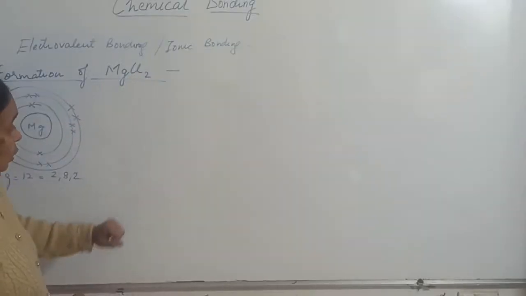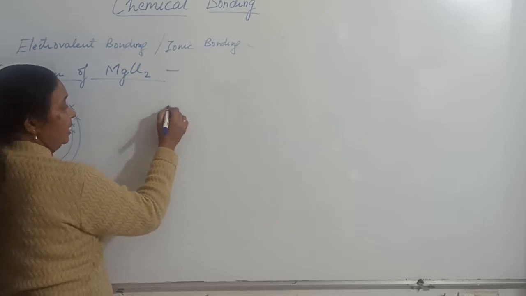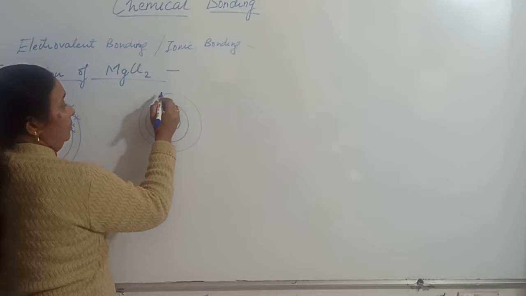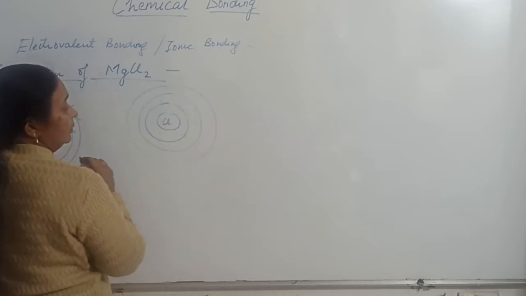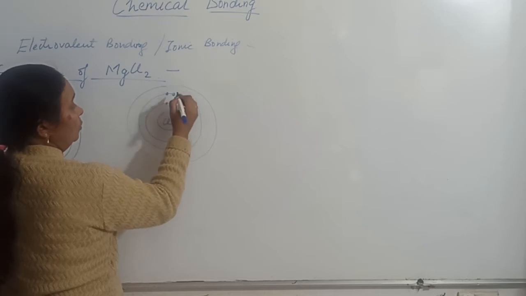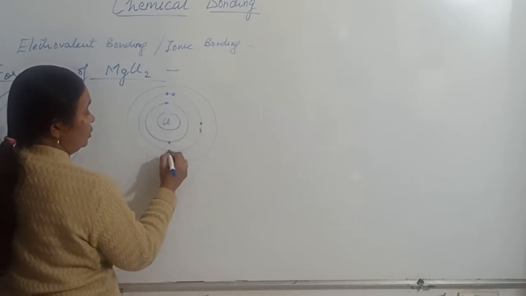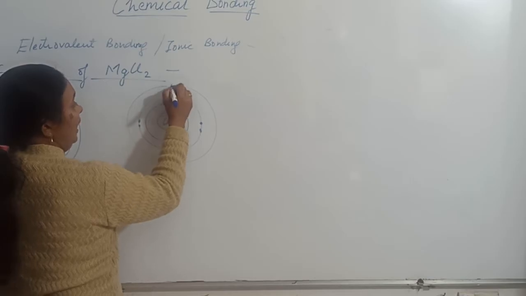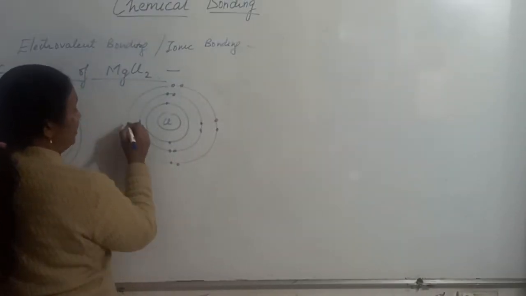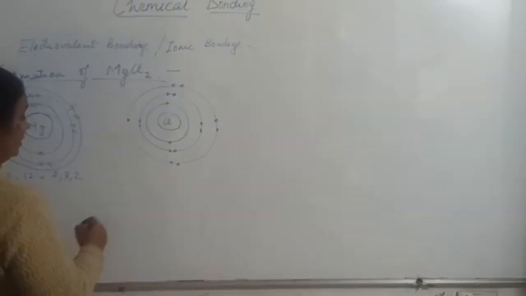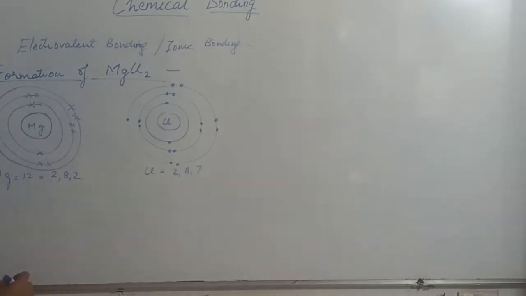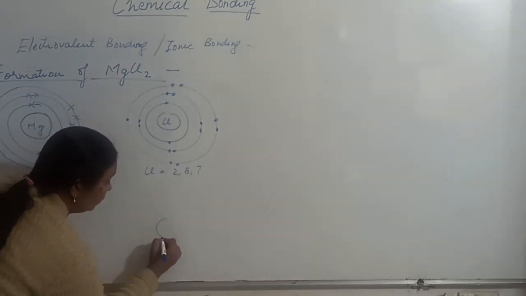So we are going to show 2 chlorine atoms, Cl. First shell 1, 2, second shell 8 electrons, we are showing with the help of dots, and third shell of chlorine 1, 2, 3, 4, 5, 6, 7 electrons. This is the first chlorine atom with electronic configuration 2, 8, 7, and the second chlorine atom, what will you do?